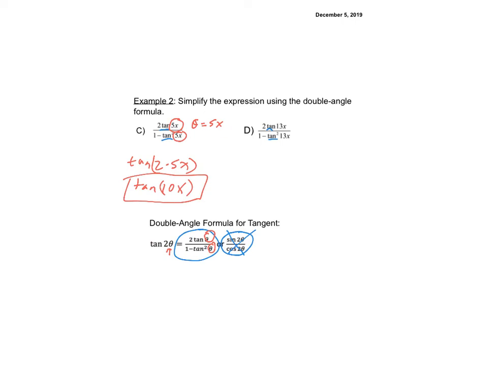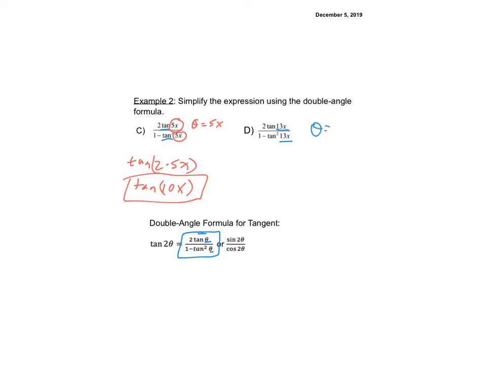All right, let's come over here and look at our other one. Our other one over here is 2 tangent 13x and 1 minus tan squared 13x. So we're looking at this part over here. Notice the only thing that's different is instead of having a theta there, you have a 13x.